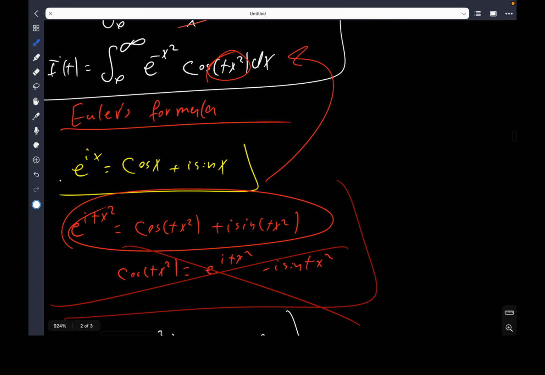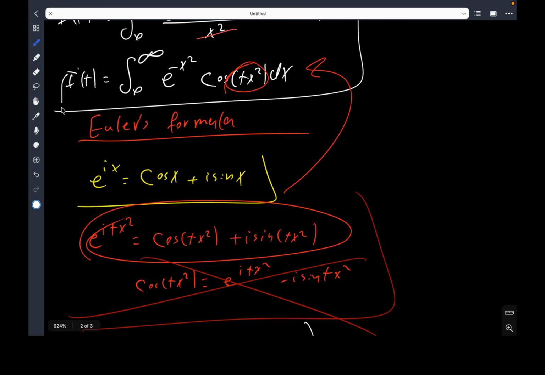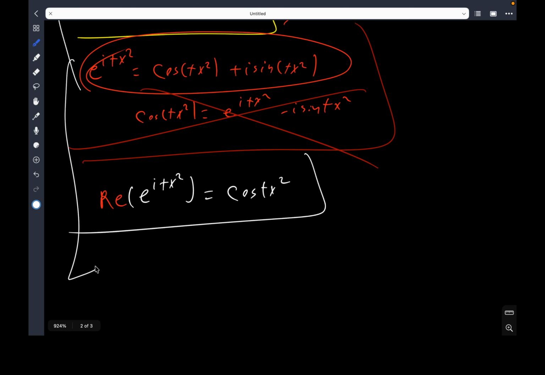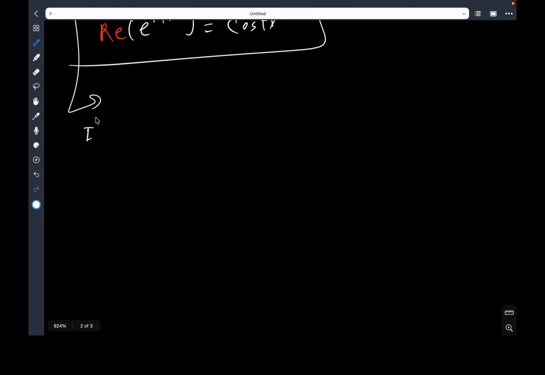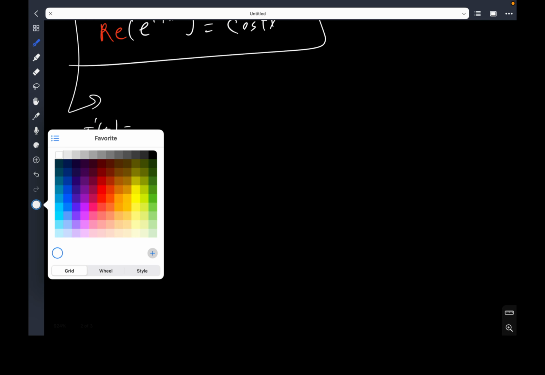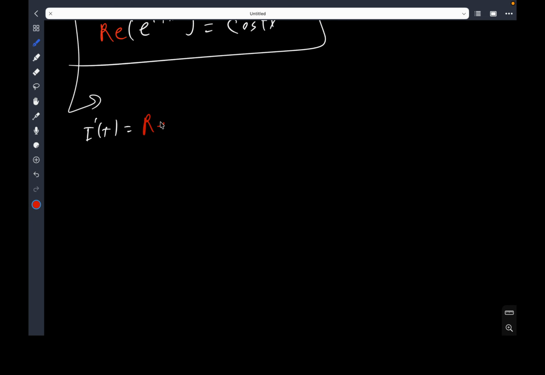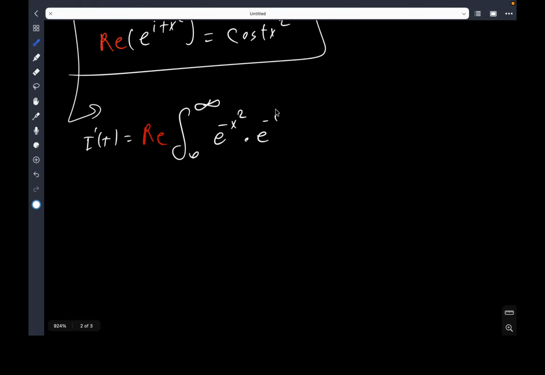Thus, with this remark, let's go and write this integral again. I prime of t equals the real part of the integral from 0 to infinity of e to the negative x squared times e to the plus i t x squared dx.